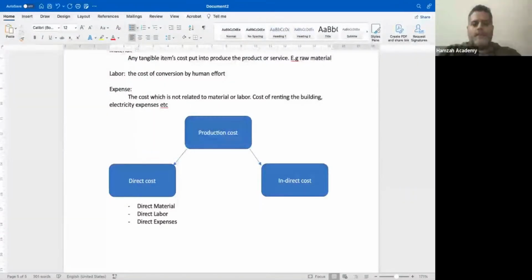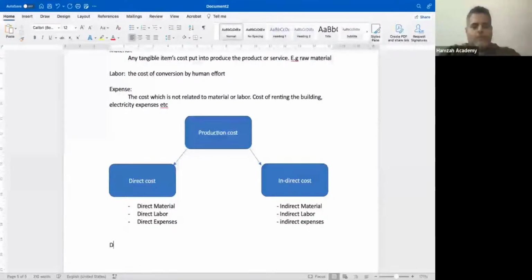Whereas in the indirect cost, we are going to have indirect material, indirect labor, and indirect expenses, right?